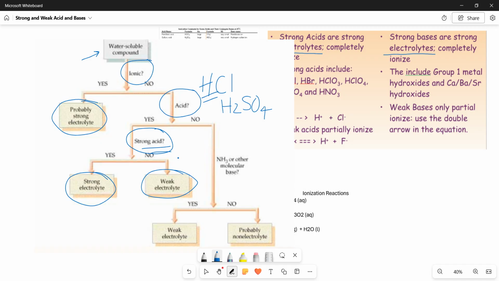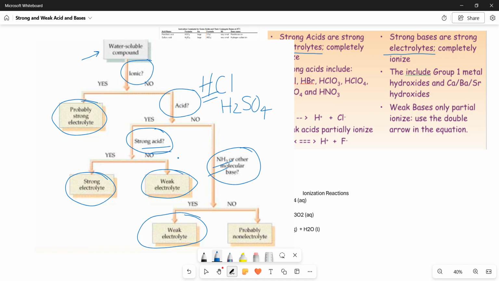And we're going to get into our acid-base chapter, but we need to understand the difference between a strong acid and a weak acid. Also, we have compounds that are covalent that do dissolve. For example, ammonia is basic. If it dissolves and it's like ammonia or another molecular base, a base is going to accept protons.